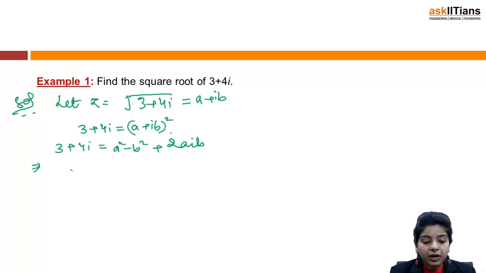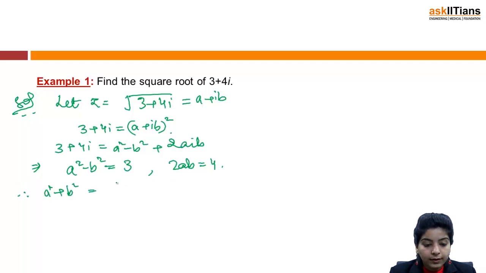So this gives me 3 plus 4i is a square minus b square plus 2aib. Equating real and imaginary parts, we have a square minus b square is 3 while 2ab is 4. Therefore this gives me a square plus b square would be equal to under root of (a square minus b square) whole square plus 4a square b square. Right?